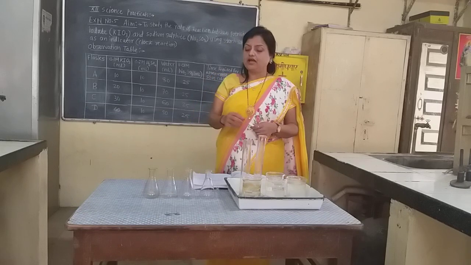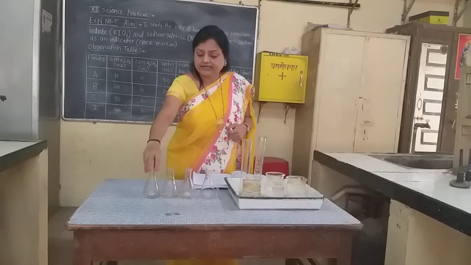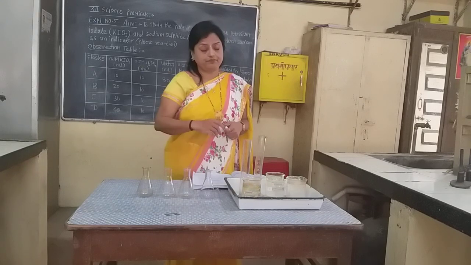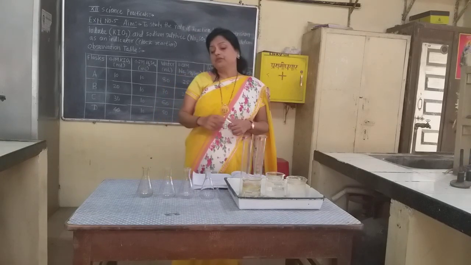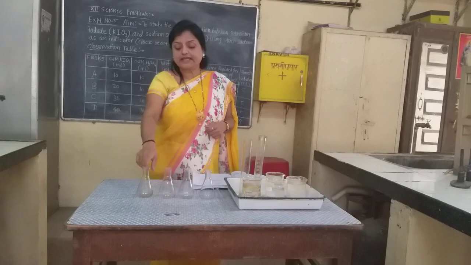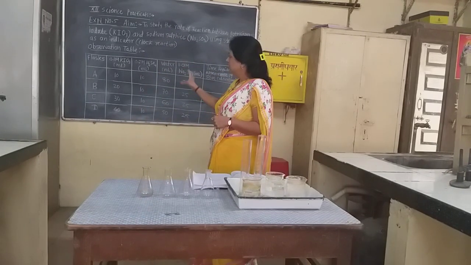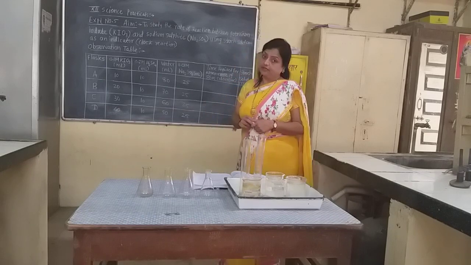First we require 4 conical flasks. You may give them the names A, B, C and D as shown in the observation table.